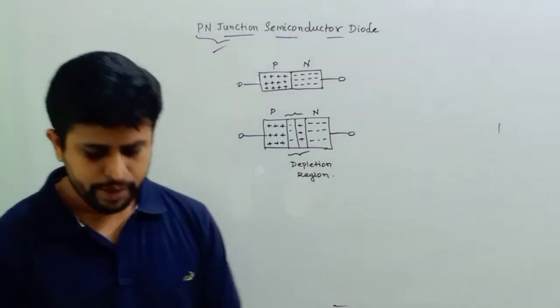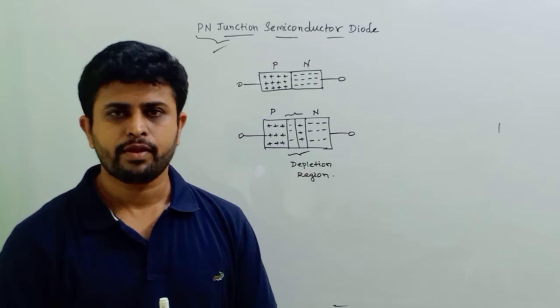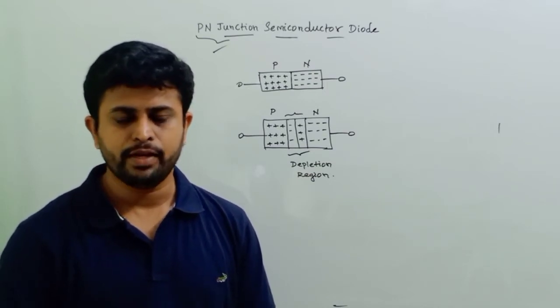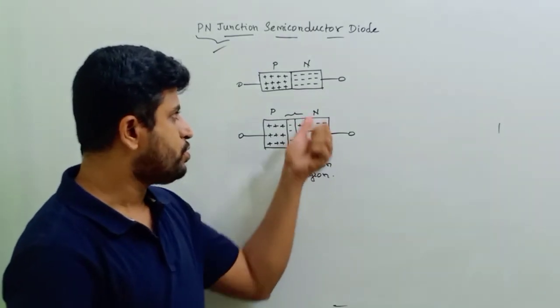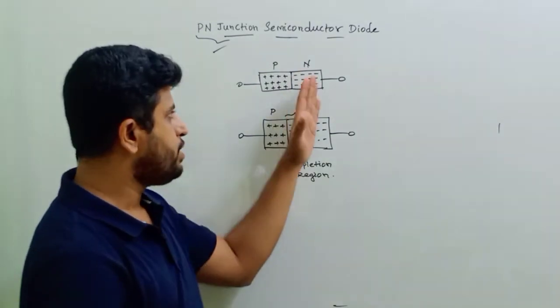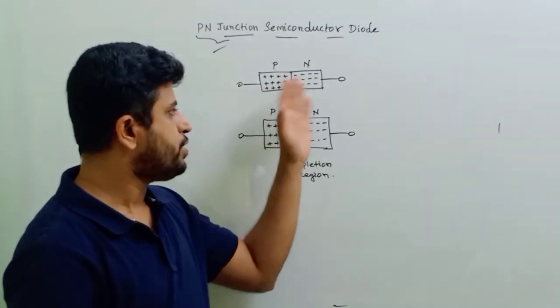You can see in this diagram, at room temperature, the majority charge carriers present in P, that is holes, and the majority charge carriers present in N, that is electrons, start diffusing. The electrons diffuse from the N region to the P region, and the holes diffuse from the P region to the N region.